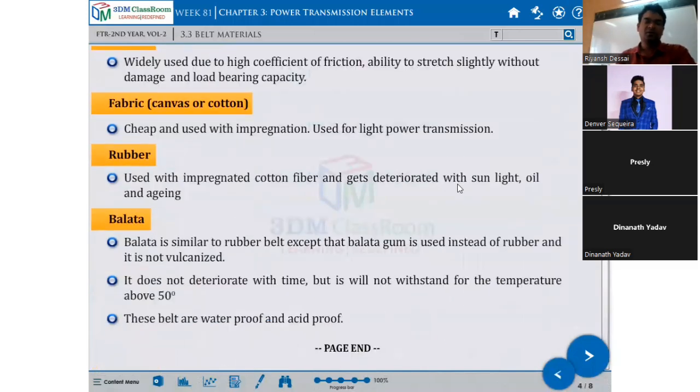Then the rubber belt: rubber is used to integrate the cotton fibers, and it deteriorates with sunlight.